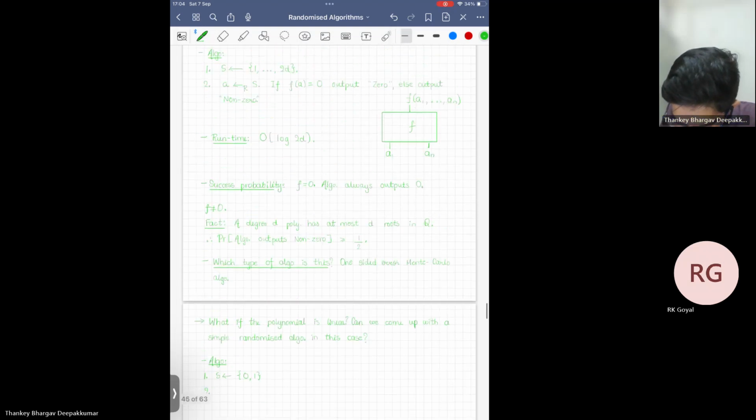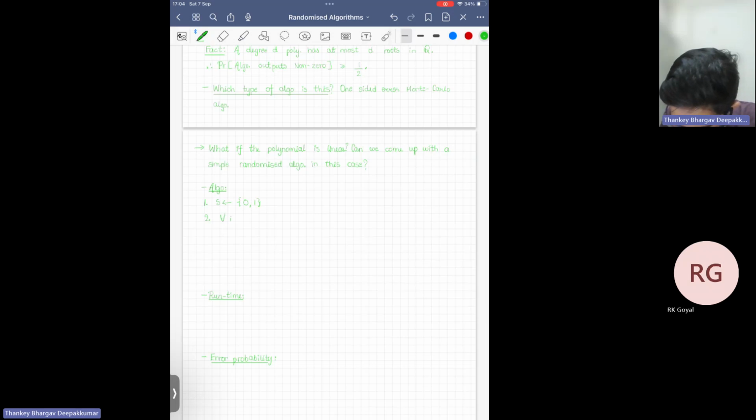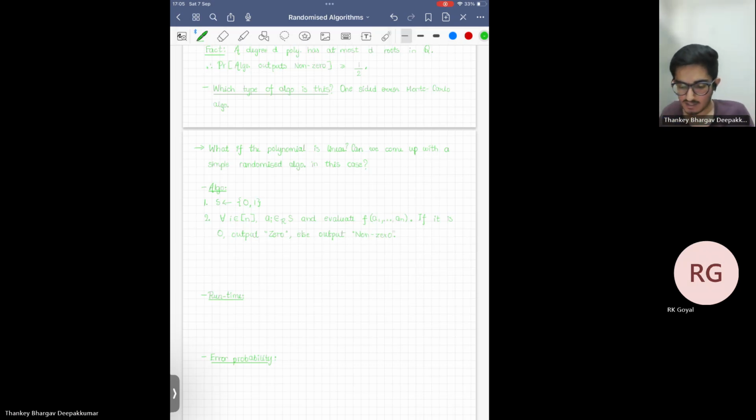Then for all i, pick ci uniformly at random from S. So the algorithm is very similar to what we did yesterday.